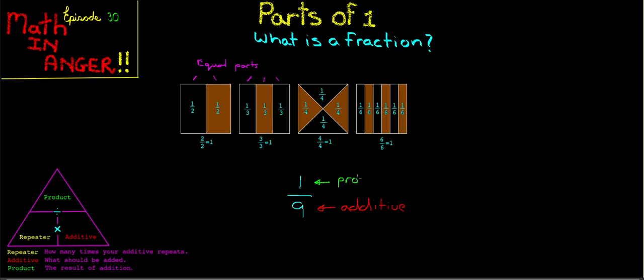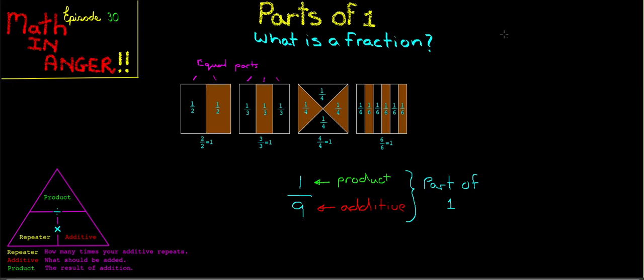And now you're going to say, but hold on a second, why is the product smaller than the additive? Well, plain and simple, because you are talking about a part of one. This is not a whole thing. You are talking about a part of one of a thing that has been broken into 9 parts.